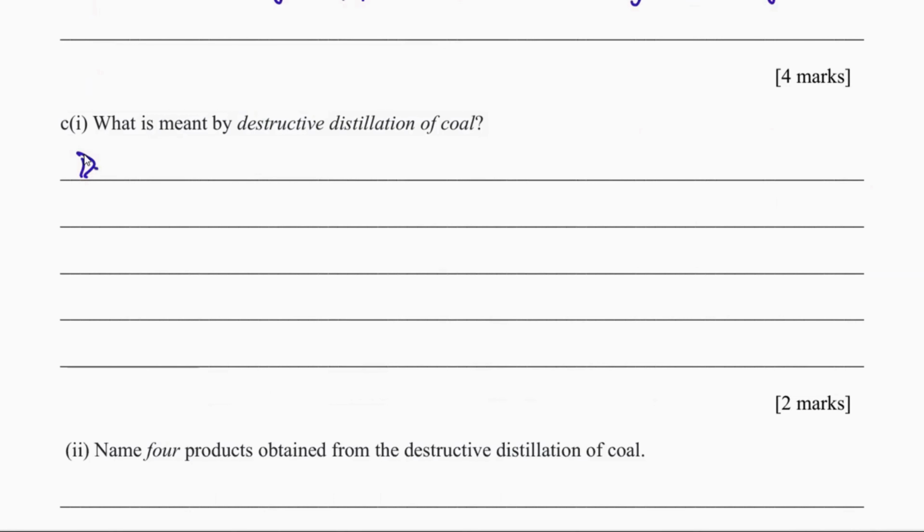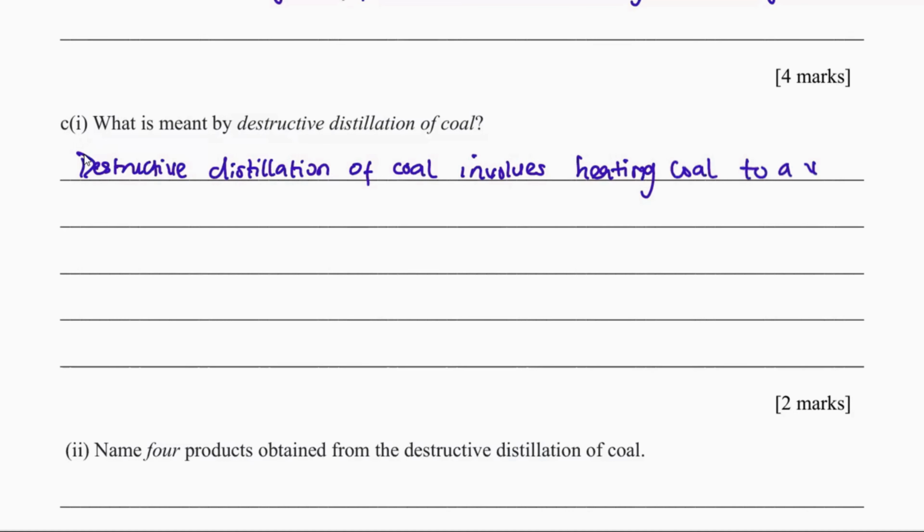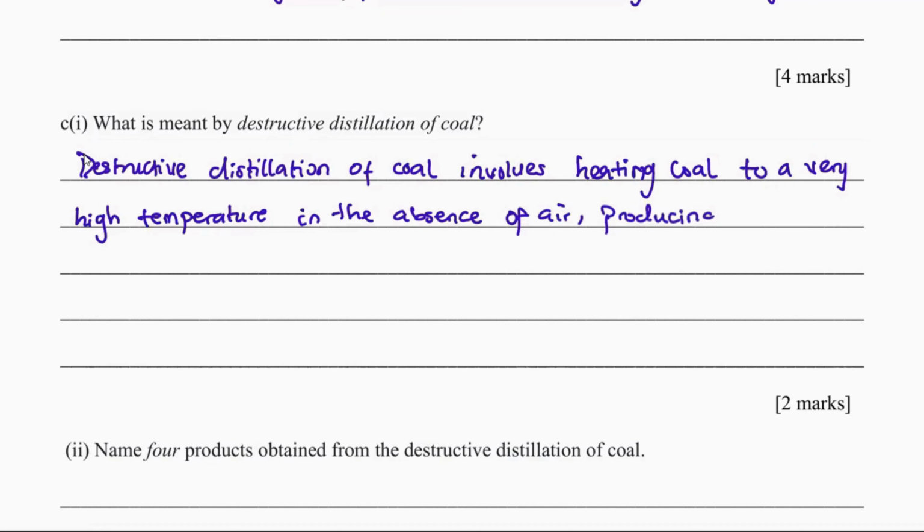Okay, destructive distillation of coal involves heating coal to a very high temperature in the absence of air, producing four products.